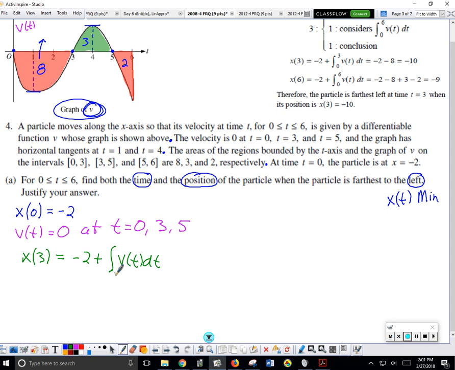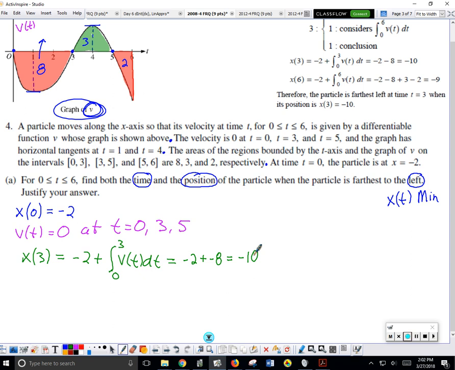Between time 0 and time 3, that's right up here. Time 0 to time 3, this integral is going to be -8. So -2 plus -8 is -10. I found the position at time 3. Any follow-up questions there about anything? Please.